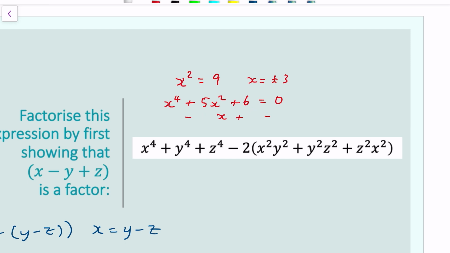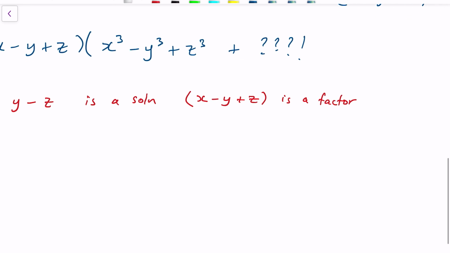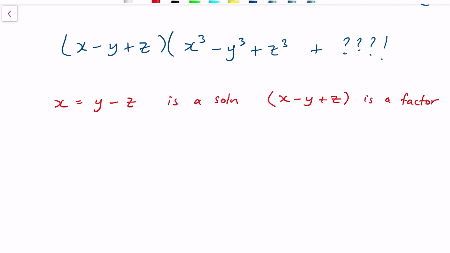All of the powers are even, and so when we come down to here, we can straight away think of another one. x equals minus y minus z is a solution, and that will mean that x plus y minus z is a factor.